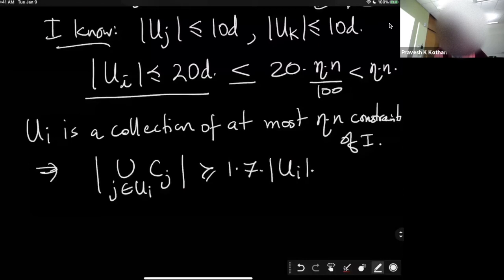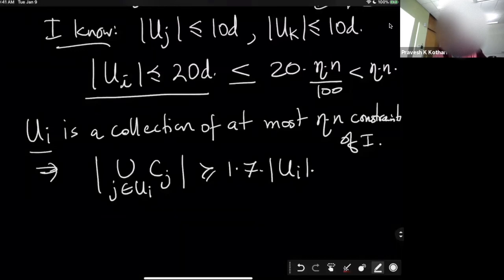So far, so good. I convinced you that ui, even though it's larger than 10d, is at most 20d. 20d is smaller than eta n, so this collection of hyperedges from the instance contains at most eta n edges. If I take the union of these clauses, they must contain 1.7 times |ui| unique variables.